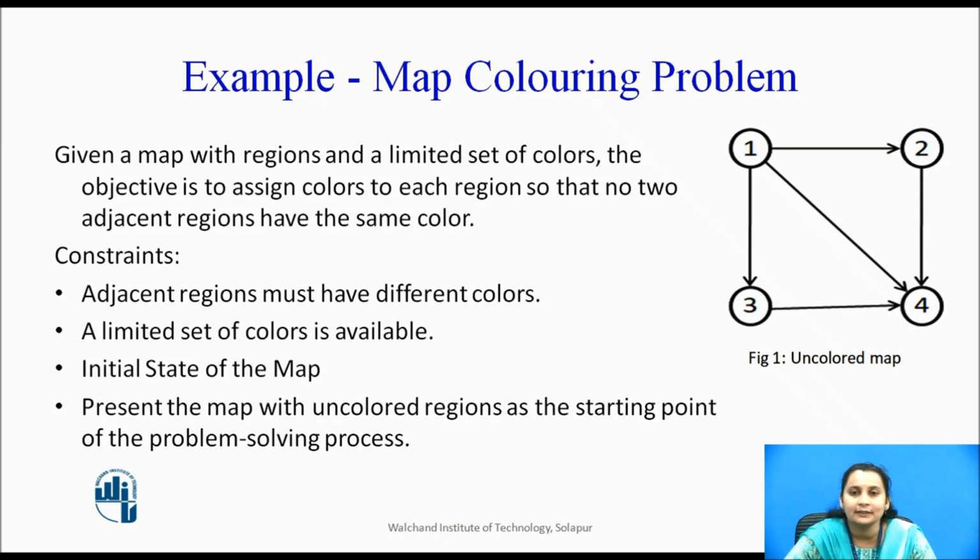The constraint here is that adjacent regions must have different colors. Suppose node 1 is connected to node 2, then 1 and 2 should not have the same color. A limited set of colors is available, 3 colors, while solving this problem. So this is the actual initial state of our map.